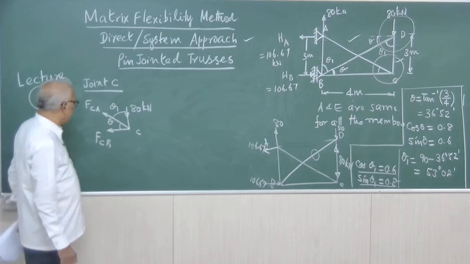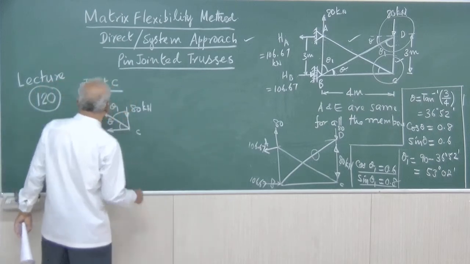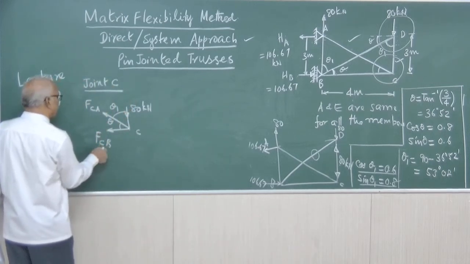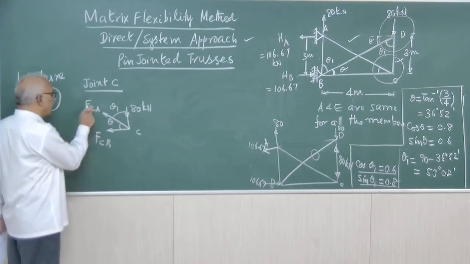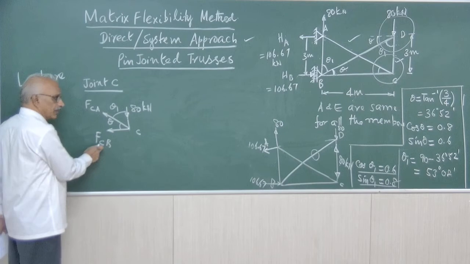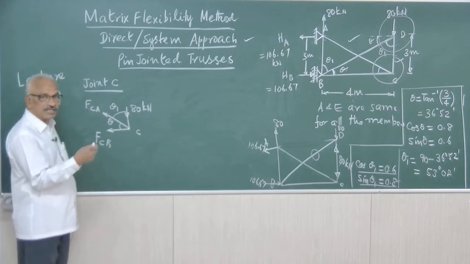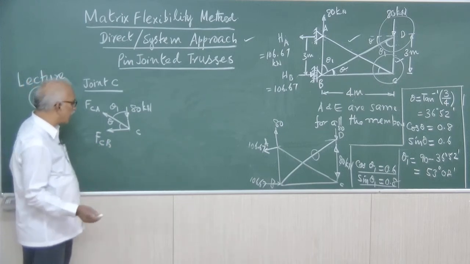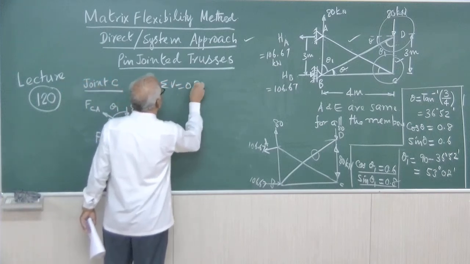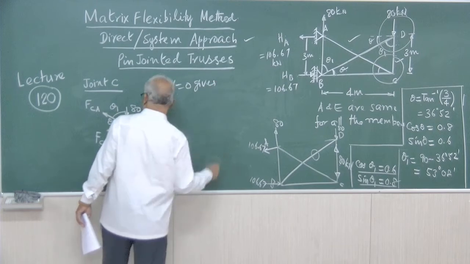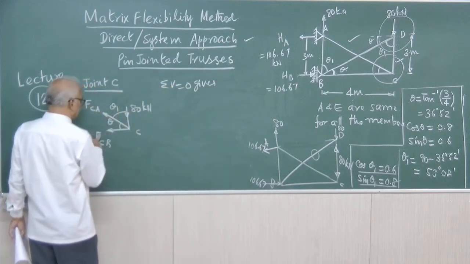Now here again, there are two unknowns. If we take sigma H equals 0 first, we will get an equation in terms of FCA and FCB. Nothing wrong, we can solve it in the next step. Or, first let us take sigma V equal to 0. Sigma V equal to 0 gives, because this FCB will not come into the picture, cos 90, this will become 0.